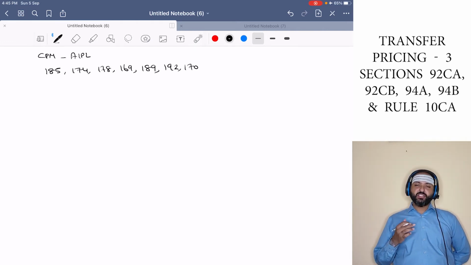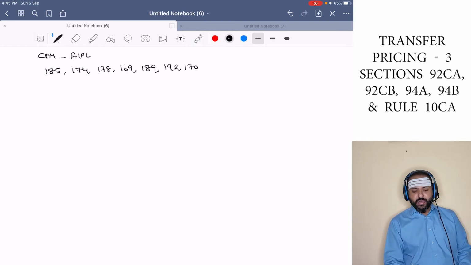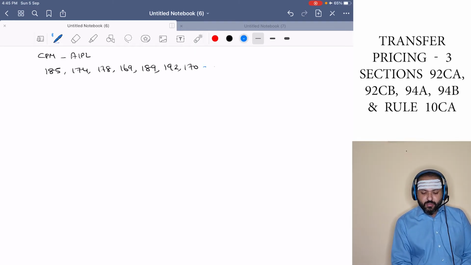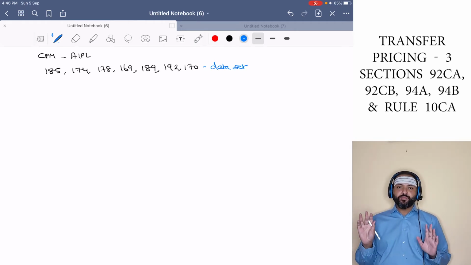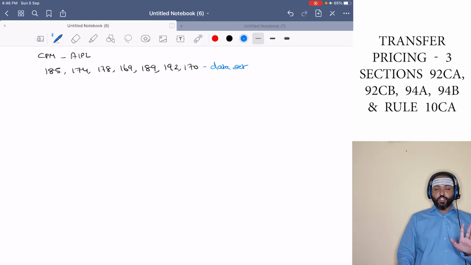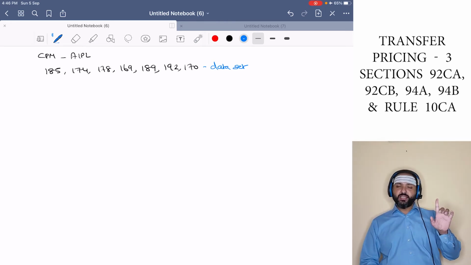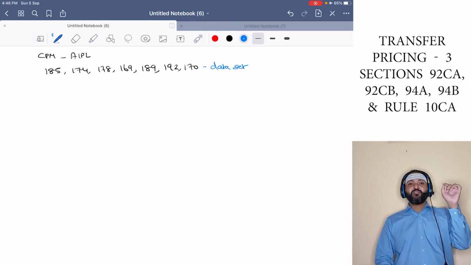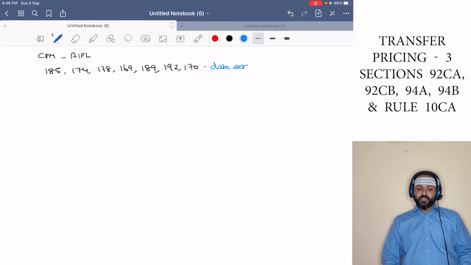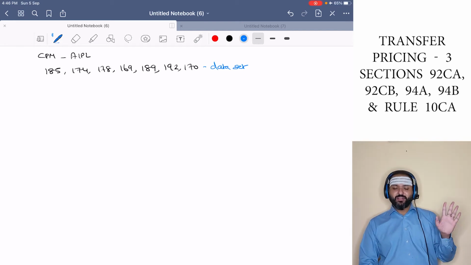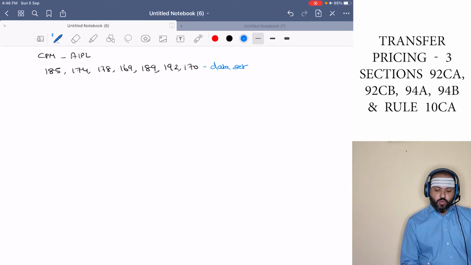What is the number of prices that I have? 7. So this is called a data set. This data set has 7 prices. Now I have to apply the range concept only, because rule 10CA applies when there are 6 or more than 6 prices. How many prices do I have? 7 prices. Now let us see how to go about it.